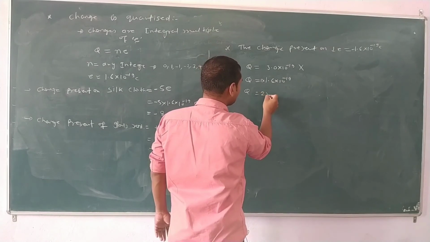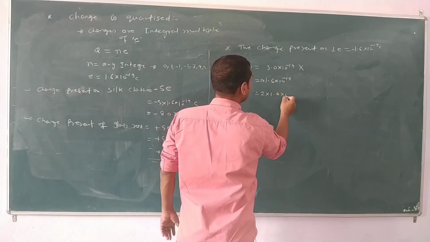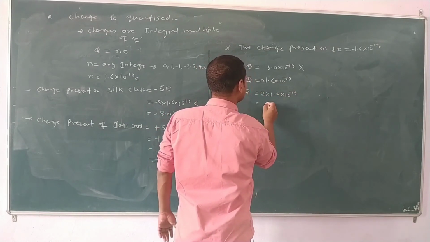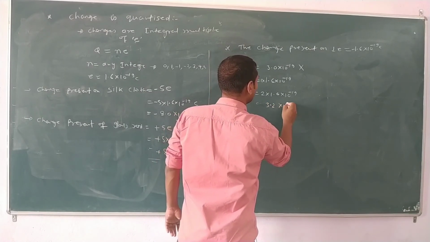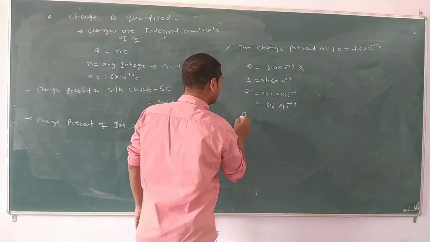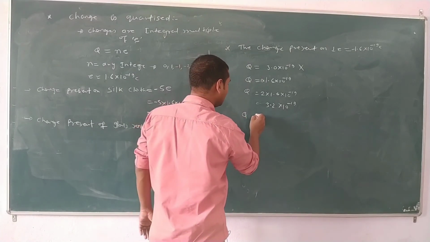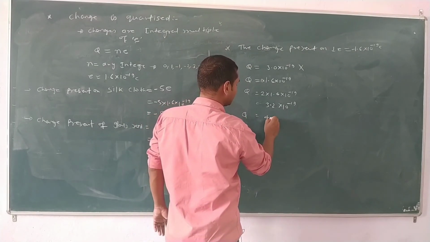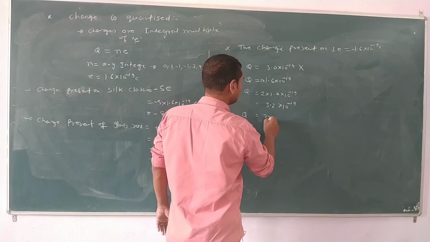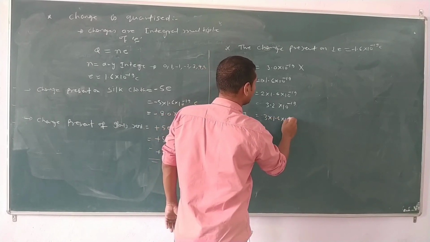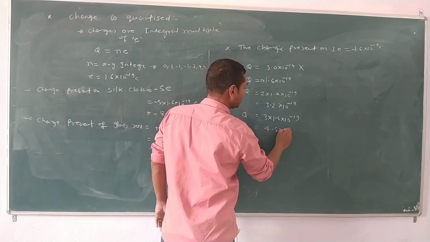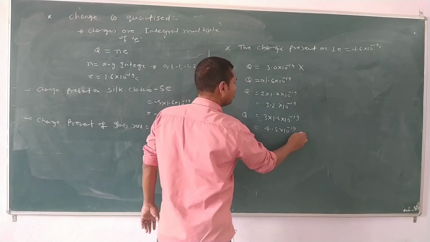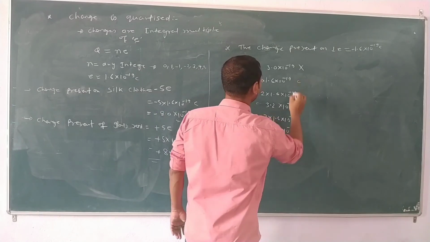The next value is 2 × 1.6 × 10^-19, which becomes 3.2 × 10^-19. The third value of the charge is 3 × 1.6 × 10^-19, that is 4.8 × 10^-19 coulomb. I think you are able to follow me here.